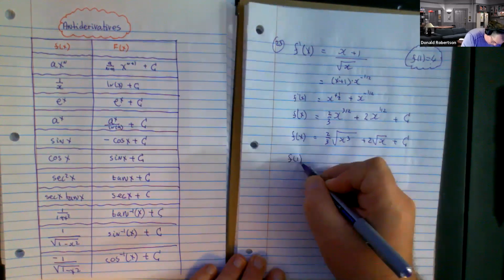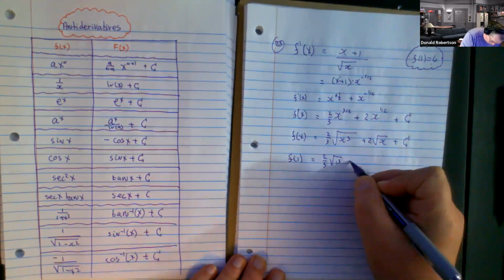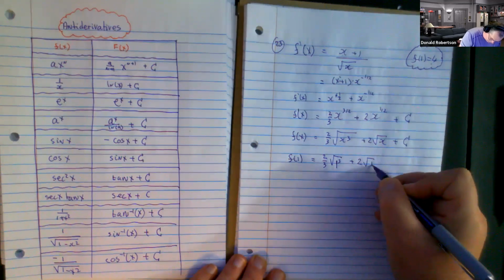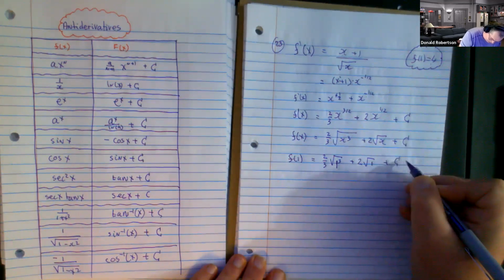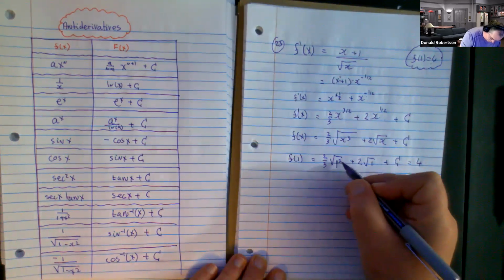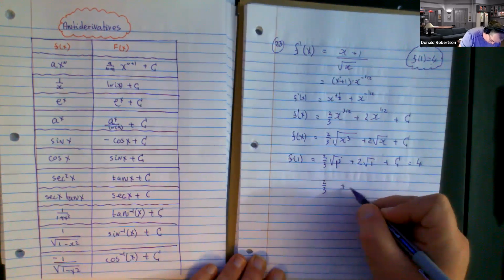So f of 1 is 2/3 times 1 cubed, plus 2 times the square root of 1, plus c, and that's going to equal 4. That guy's just the square root of 1, so that's 2/3. That's plus 2.